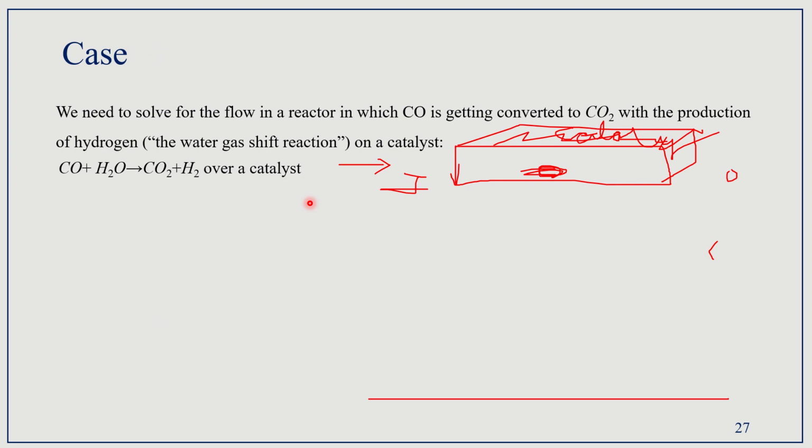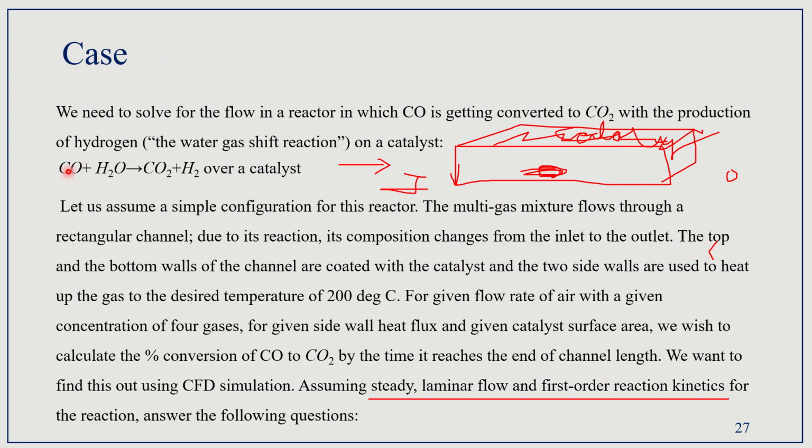For example, carbon monoxide reacts with water and gives carbon dioxide and hydrogen. So carbon monoxide is there, H2O is there, CO2 is there and H2 is there. So we have 4 gases. For a given flow rate of air with a given concentration of 4 gases, we are solving this problem.